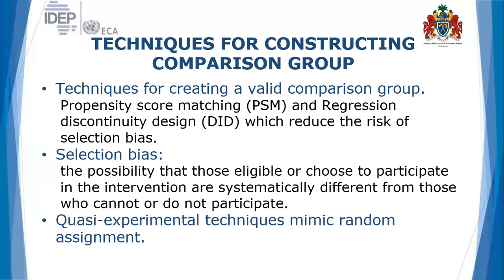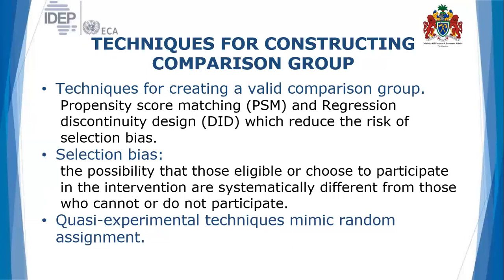And examples include propensity score matching and regression discontinuity design. Now, these techniques are used because they help to reduce the risk of selection bias.